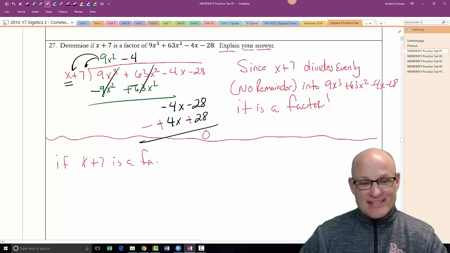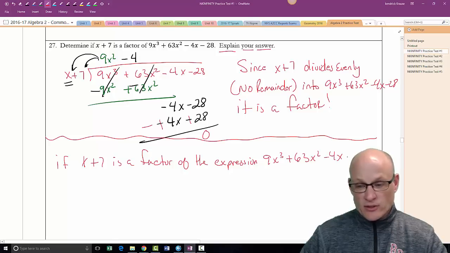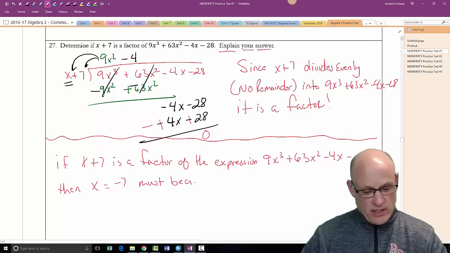If x plus 7 is a factor of the function, it's not a function, of the expression 9x cubed plus 63x squared minus 4x minus 28, then x equals negative 7 must be a root of the expression.